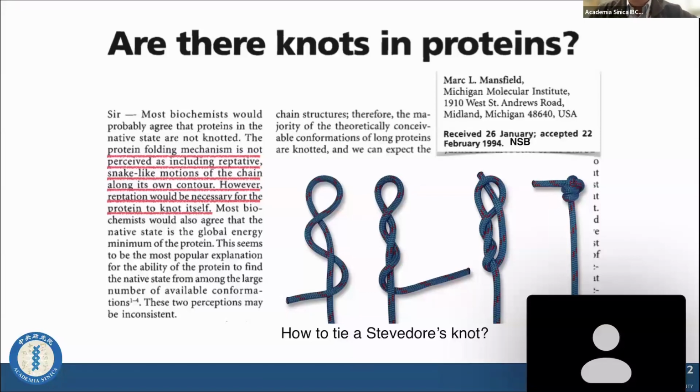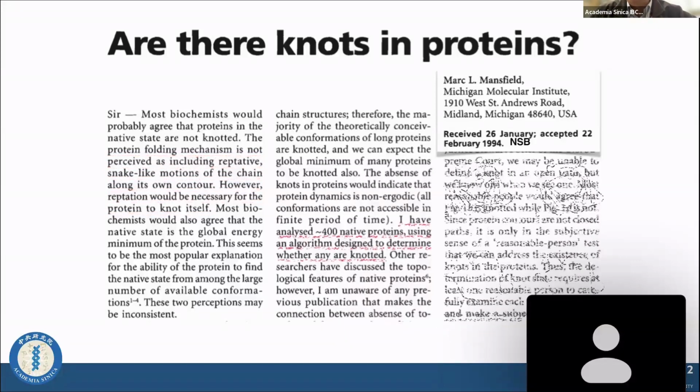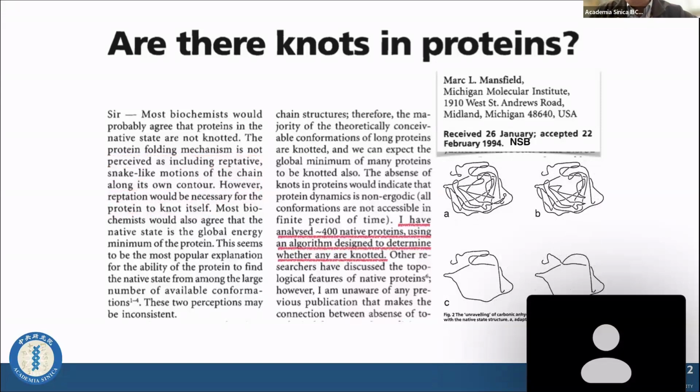Nevertheless, he tried to develop an algorithm to survey all the protein structures that were available in the database at the time. In the early 90s, there were only about 400 protein structures available. What he did was simplify or smooth the protein backbone paths.